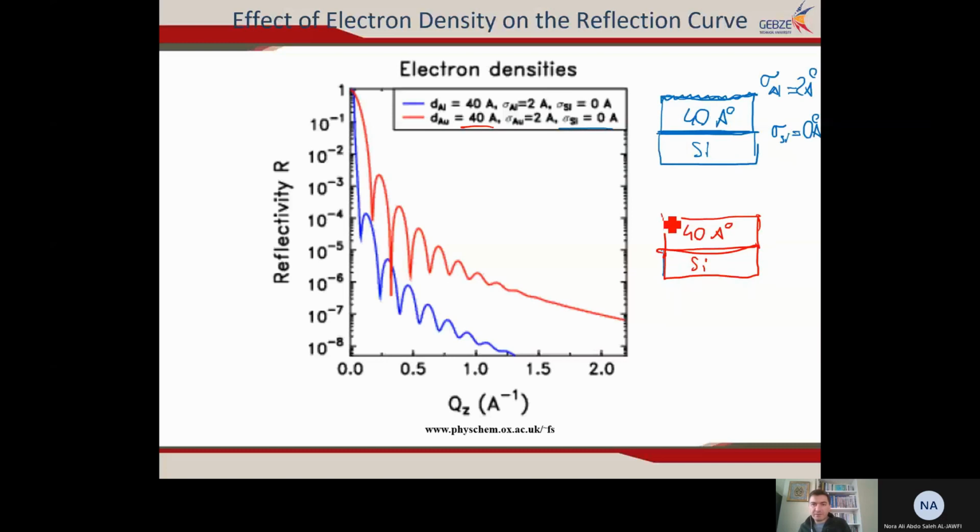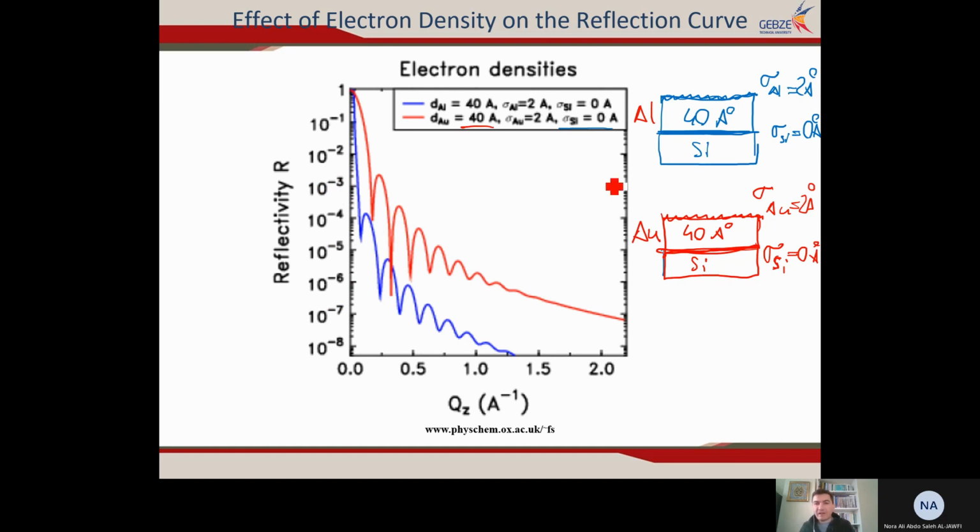And what about the roughness? The roughness of the surface for the gold is also 2 angstrom. And the interface roughness between the silicium and gold is 0. We have a very nice, very smooth surface. Okay. Then what about the X-ray reflectivity curve? This comes from the gold. This comes from the aluminum.